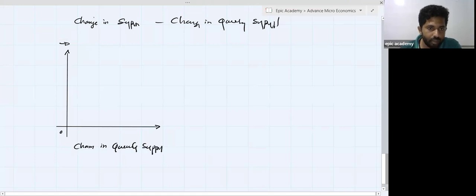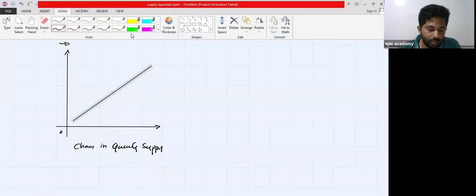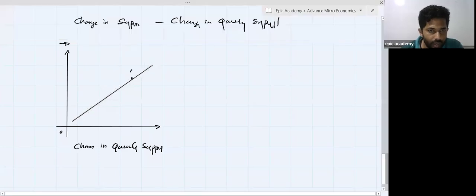Okay, right. So this is the supply curve. Here, I'm going to put these two types of value. We call this one A, and this one B. This is 10 rupees and this is 20 rupees.